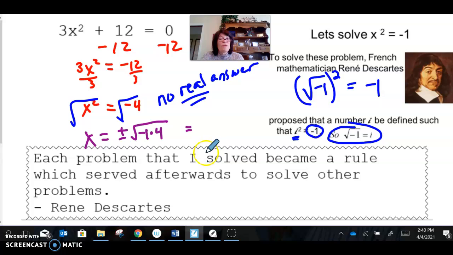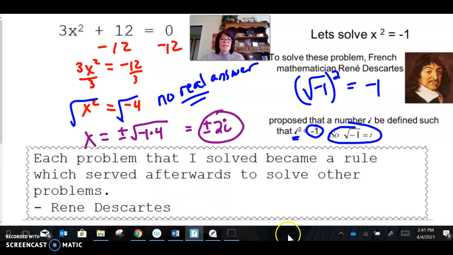I know that the square root of 4 is 2. So this is going to be plus or minus 2i. Those are my two answers, okay? If it was just the square root of 4, the answer would be plus or minus 2. Since it's the square root of negative 4, the answer is plus or minus 2i.